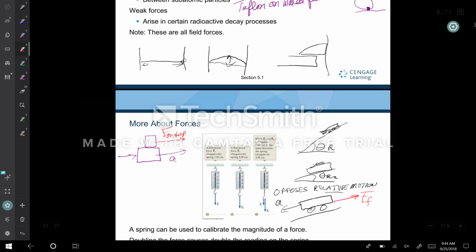Because what would happen if I took the lower block and I pushed on it to the left? Exactly. It's always the motion of one surface relative to the other.